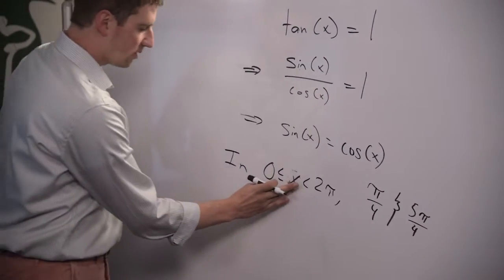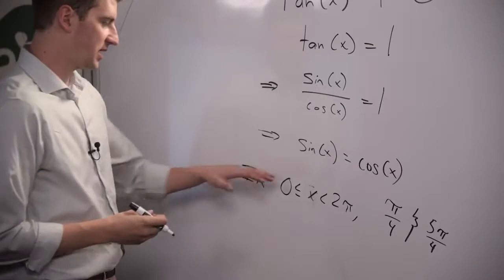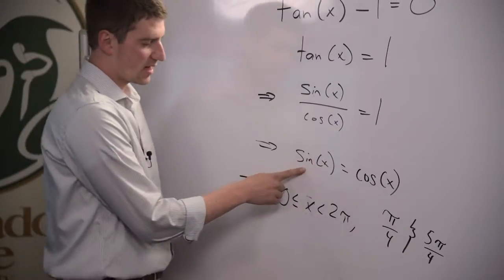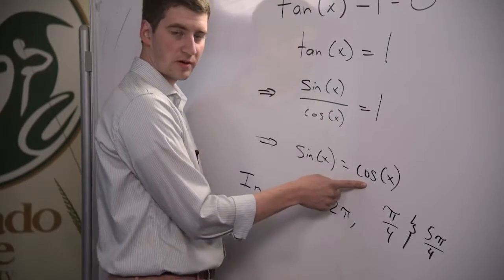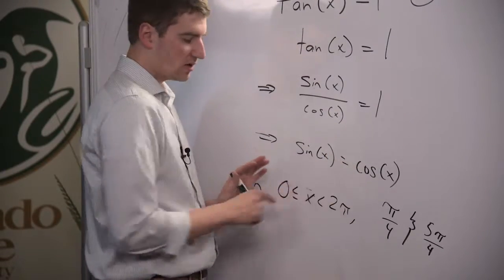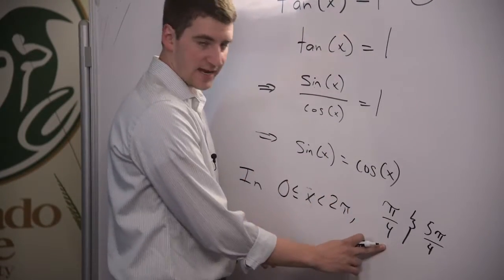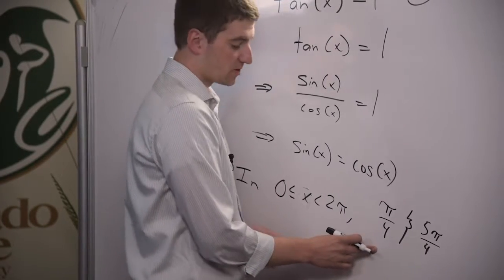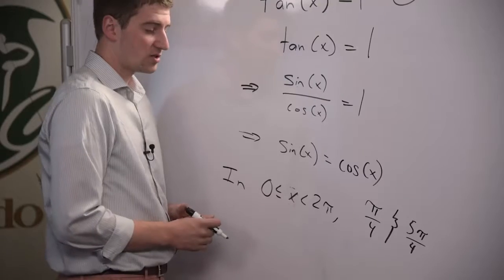And just like before, we need to take the periodicity into account. Since sine is 2 pi periodic and cosine is 2 pi periodic, they both have the same periods. So we can add any number of 2 pi's to either of these, whether it's positive or negative, as long as they're integers.